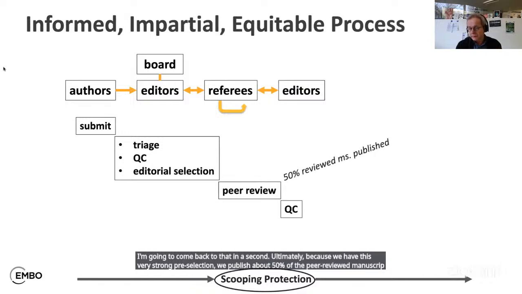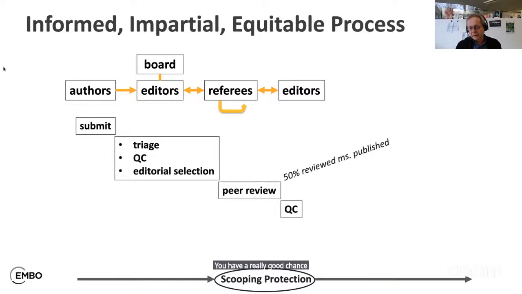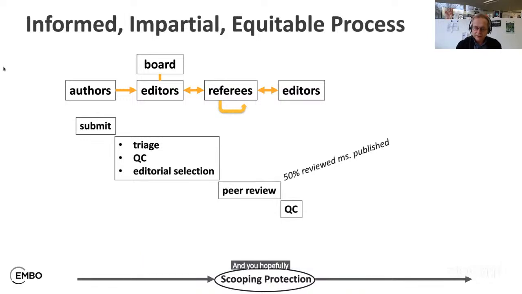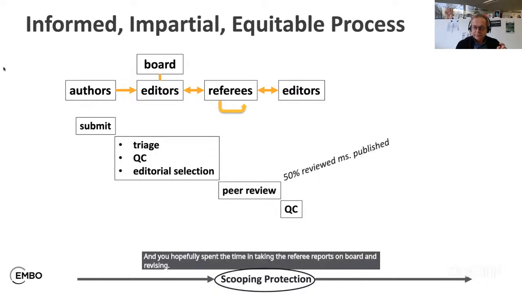So once you're in peer review, you have a really good chance to progress, and we really think that works because the referees feel they're investing their time in something that will very often lead to a published paper, and you hopefully spend the time taking the referee reports on board and revising things properly.